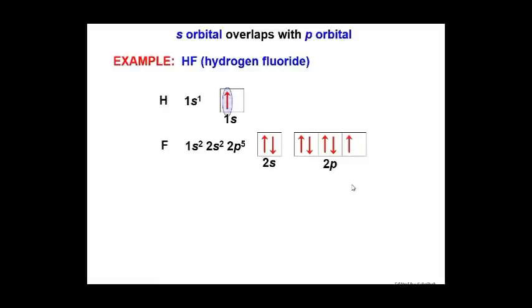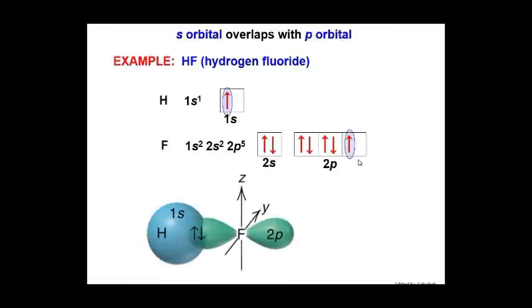So the electron from hydrogen will pair with the electron in the fluorine atom, and then s orbital overlaps with p orbital. One electron comes from fluorine and one from hydrogen; the fluorine orbital is dumbbell-shaped and hydrogen's is spherical.